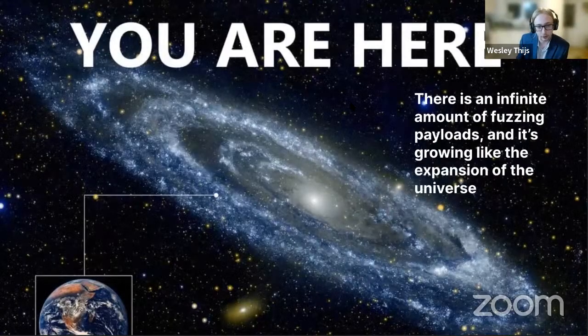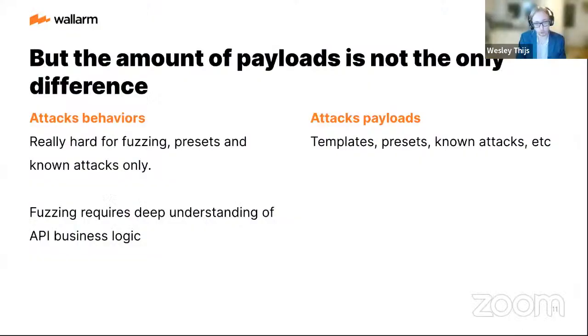And that's going to be very useful when we look at it later, because if we look at this little dot right here, that is us and an infinite amount of fuzzing payloads and a growing, ever-expanding universe. So if we want to really test everything, that's impossible. Everybody knows that. But what do you test and what's a smart testing strategy?